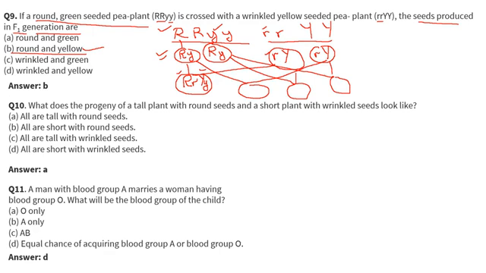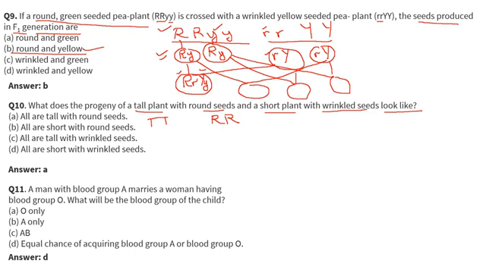Now question number 10. What does the progeny of a tall plant, capital T and capital T, with a round seed, capital R and capital R, and a short plant with wrinkled seeds look like? So in one plant, tall is dominant and round is dominant, and in the other, short is recessive and wrinkle is also recessive, right?